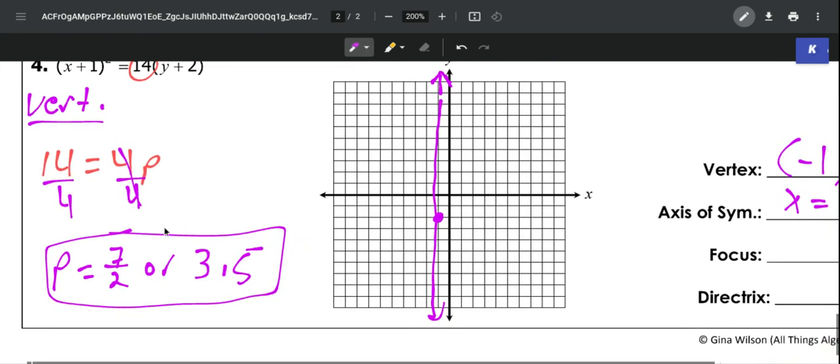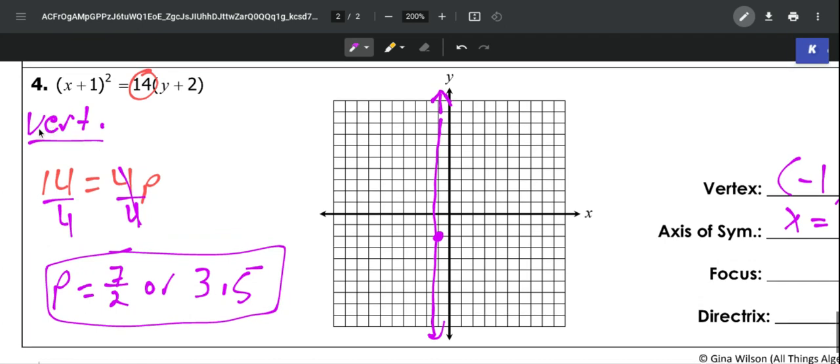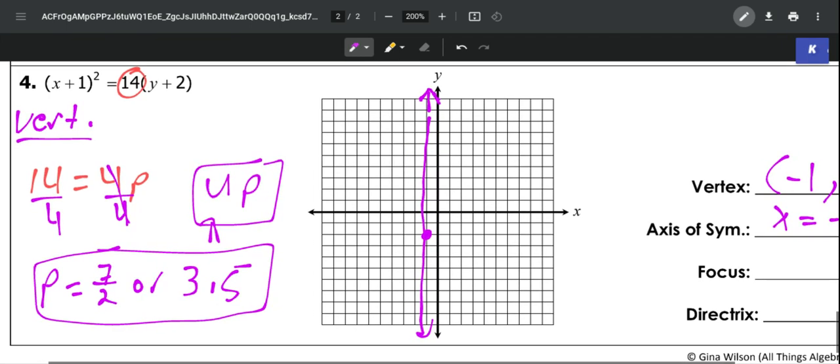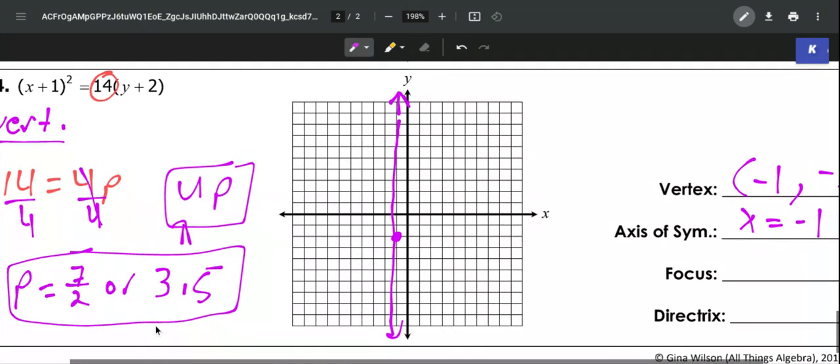So now that tells us what direction our parabola is going to open. Because if this is vertical and p is greater than 0, which 3.5 is, then this is going to open up. So if p is positive and we're looking at a vertical parabola, we're looking on the y-axis.